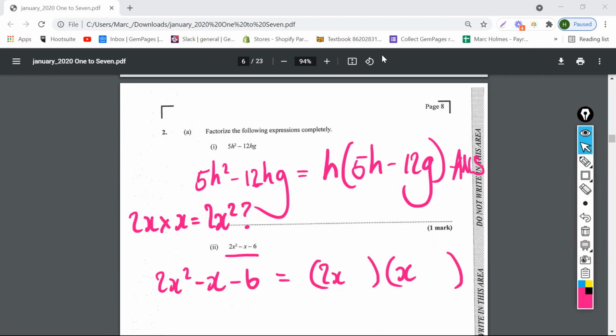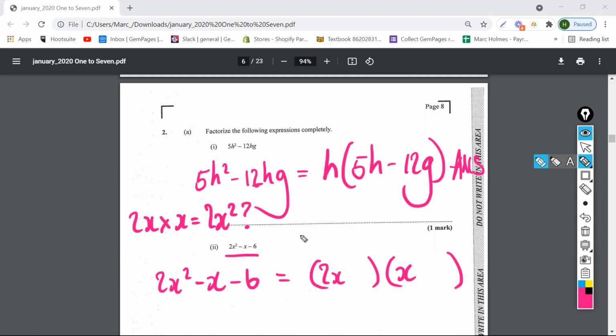Yeah, it makes sense. Cool. So that's what gives me the 2x squared. So I need to have a 2x and an x.